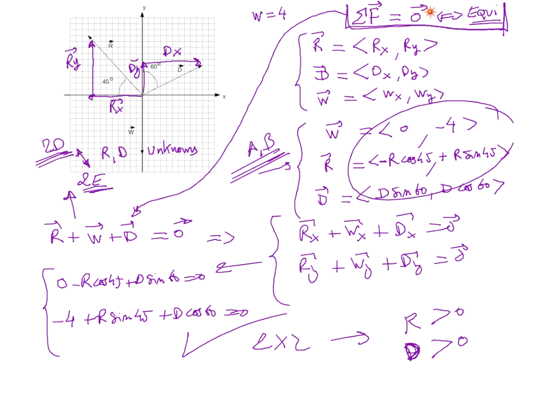That's exactly how vectors are not the same as scalars. This is true, this is equilibrium, but this does not imply this. That's not true in terms of magnitude. That can never be true in terms of magnitude because every magnitude is positive.